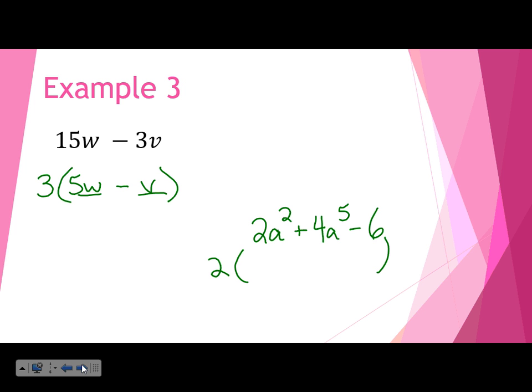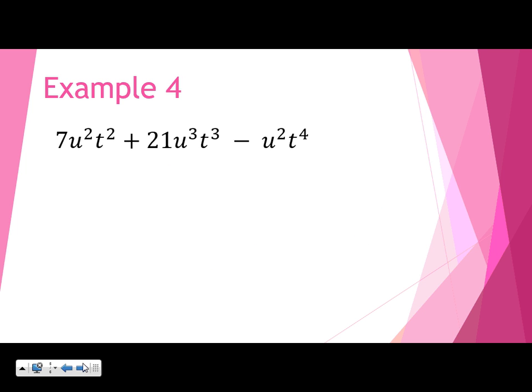Why not? Because not all of them have it. This third term does not have any a's to take. If they don't all have it in common, that's why they call it a greatest common factor, because everything has it, you follow? Then you can't take it out. Okay? Hint, hint, hint. You might see something like that today.